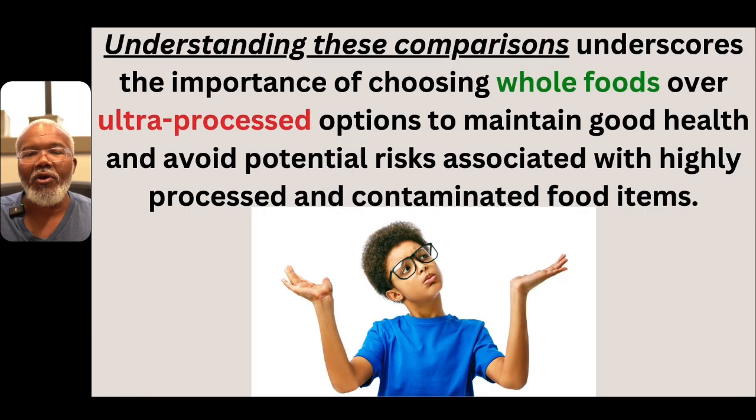So I think you can pretty much get the gist of how the comparison is working. Darnel, ultra-processed food; wheat, whole food. Darnel is poisonous and it will kill you. Ultra-processed food is poisonous and it will kill you.